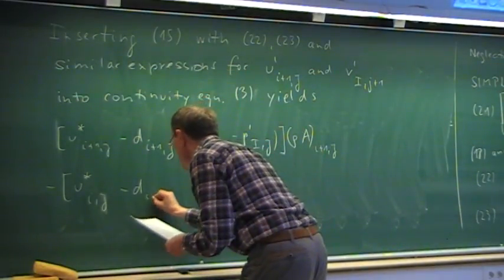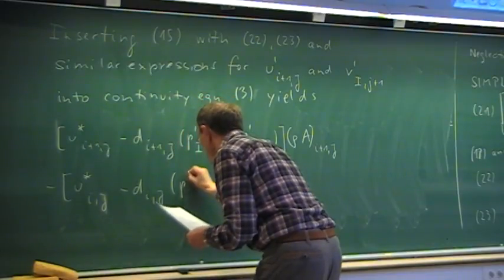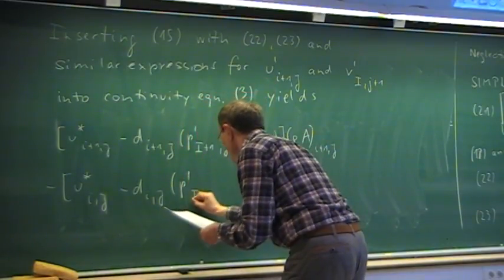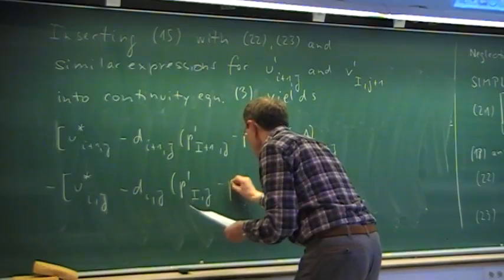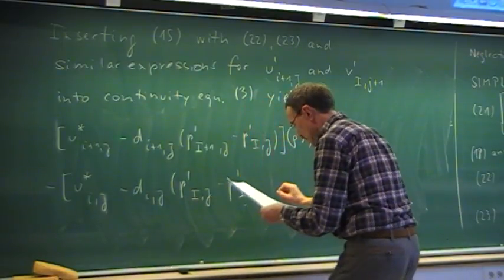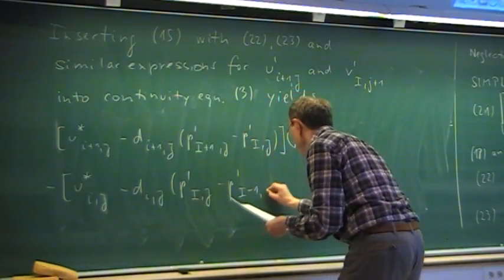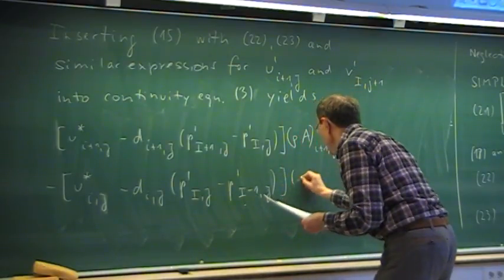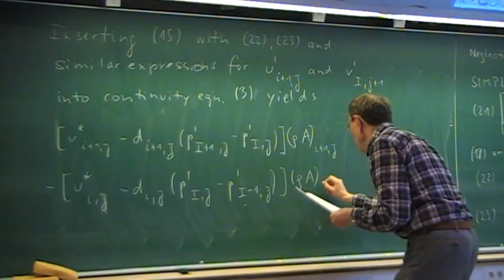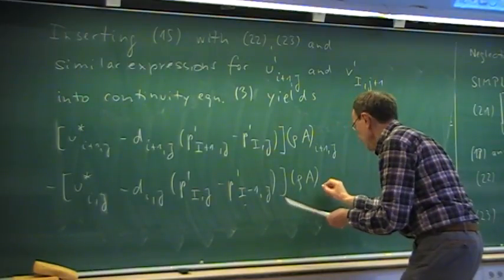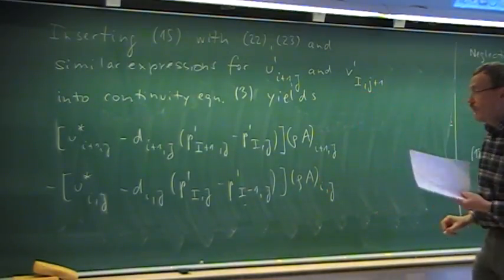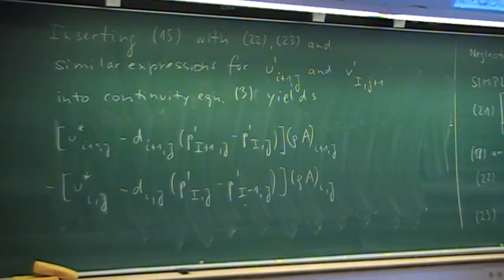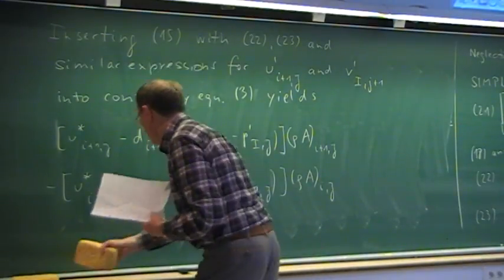That is the d ij times the p prime ij minus the p prime i minus 1 j. And that is multiplied by rho a at ij. So then we have the contributions of the mass flux in the x direction. Now we add them also for the y direction.